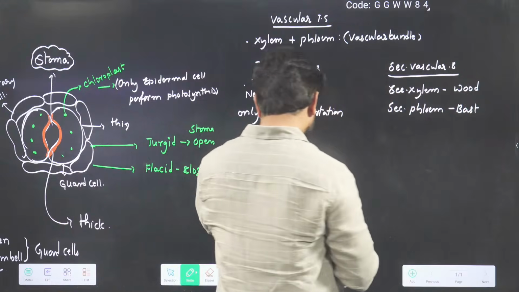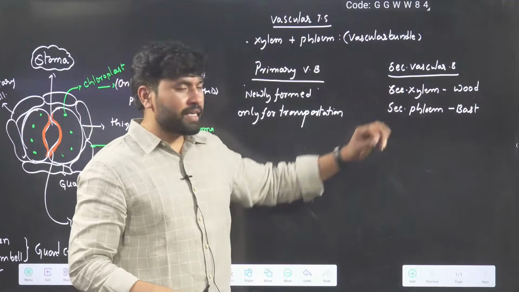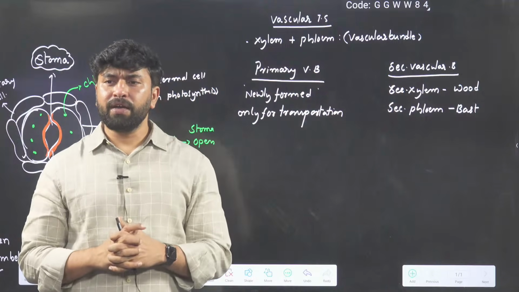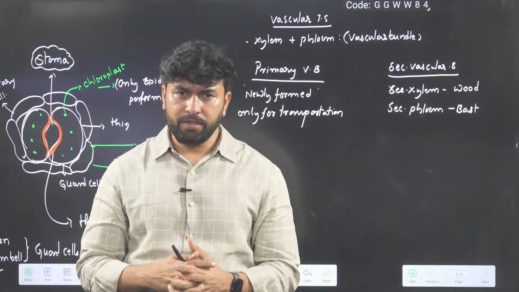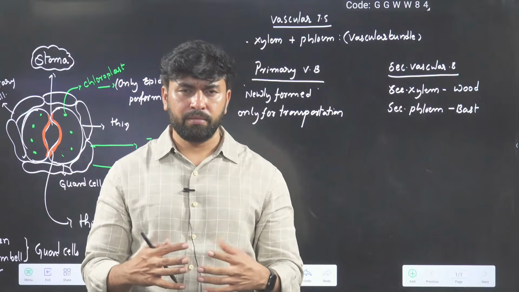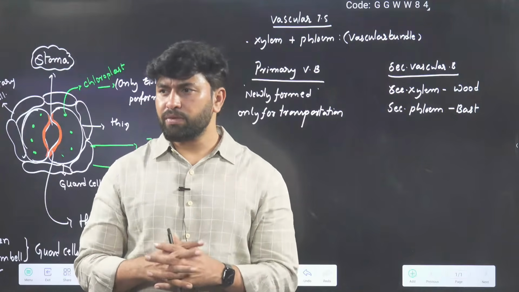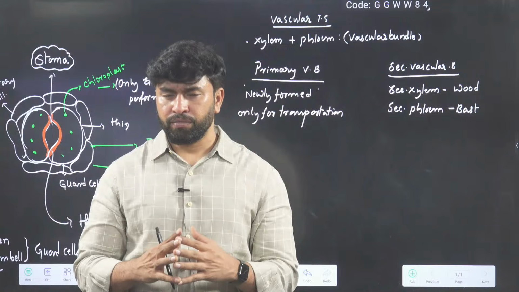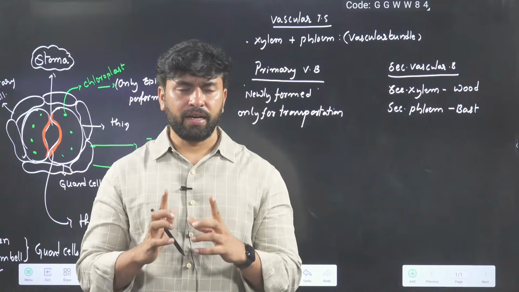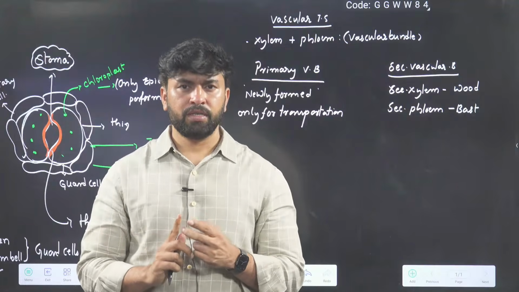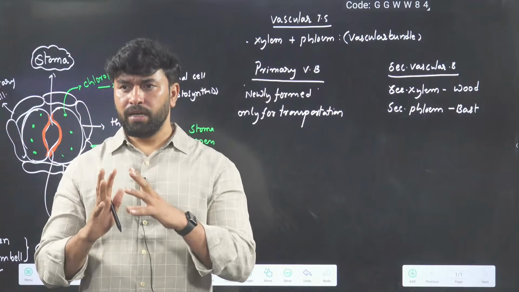Now let me confirm these ideas. Primary vascular bundle, secondary vascular bundle. Primary vascular bundles are universal. Whatever vascular plants you study in the entire plant kingdom, all of them possess primary vascular bundles. But the secondary vascular bundle is quite rare. They will be seen only in those plants which perform secondary growth, gymnosperms and dicots.